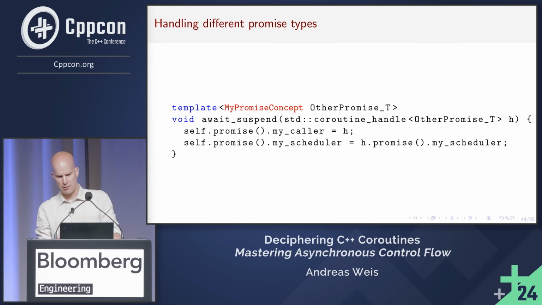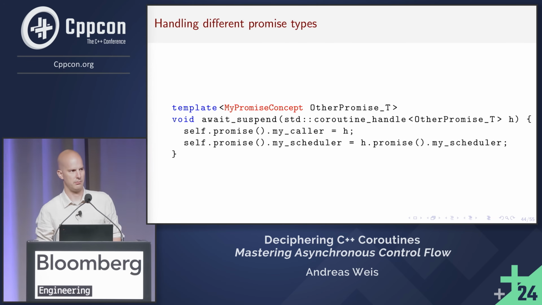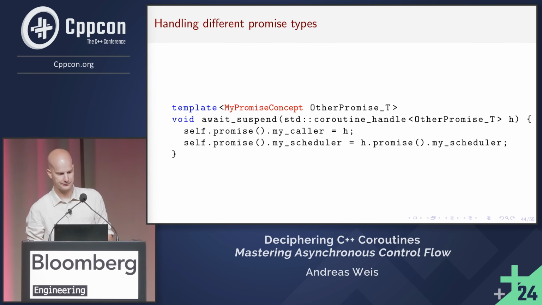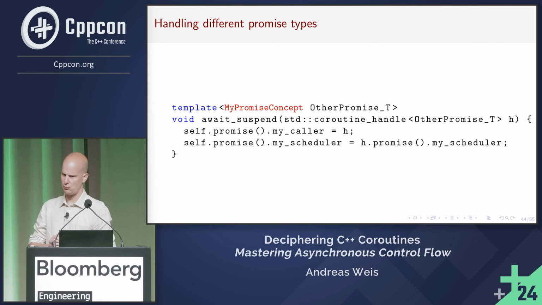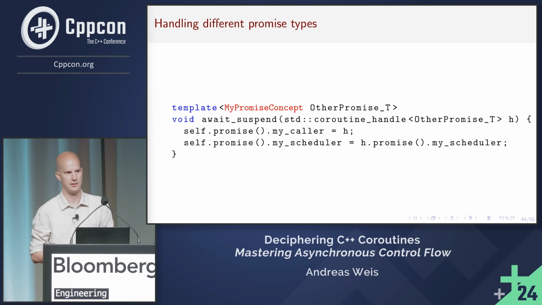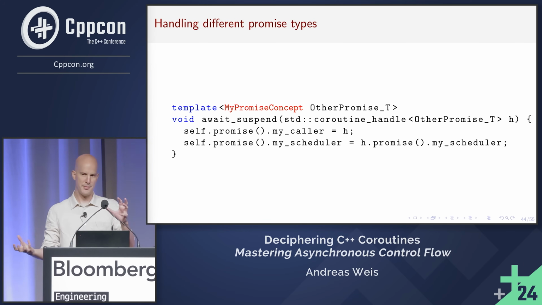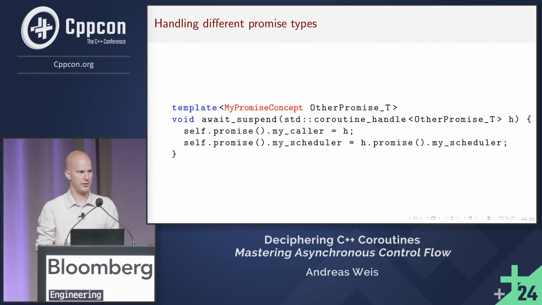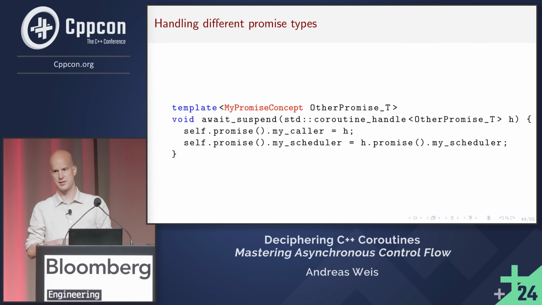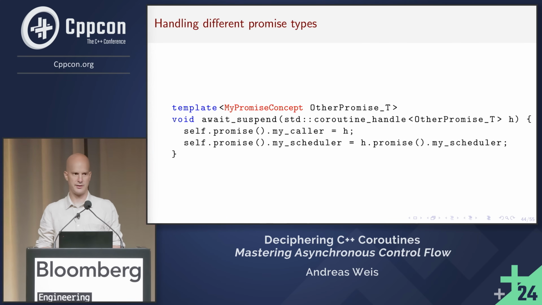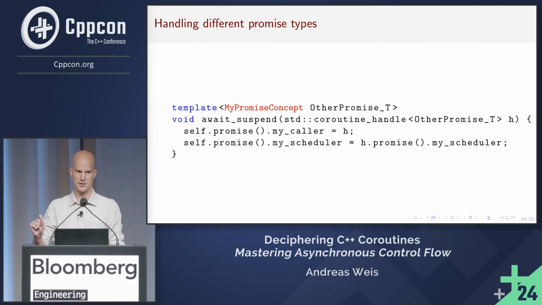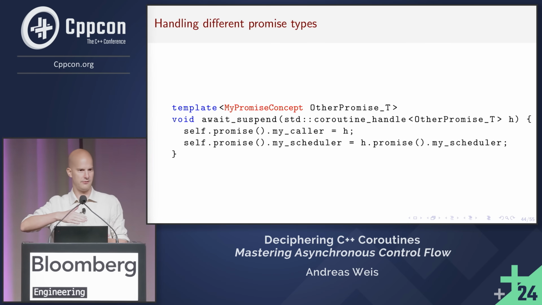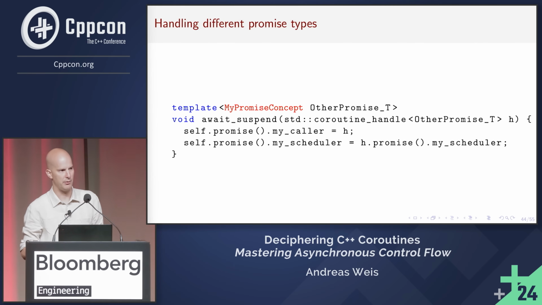The promises have to be somewhat uniform in some way. This is something that you would probably want to have standardized to some extent. Because if you're combining different asynchronous libraries and they all define their own promise types, then things like this become really difficult. If you have different kinds of promises on the asynchronous call stack, then you can only propagate so far before you hit something that doesn't play well with your mechanism.